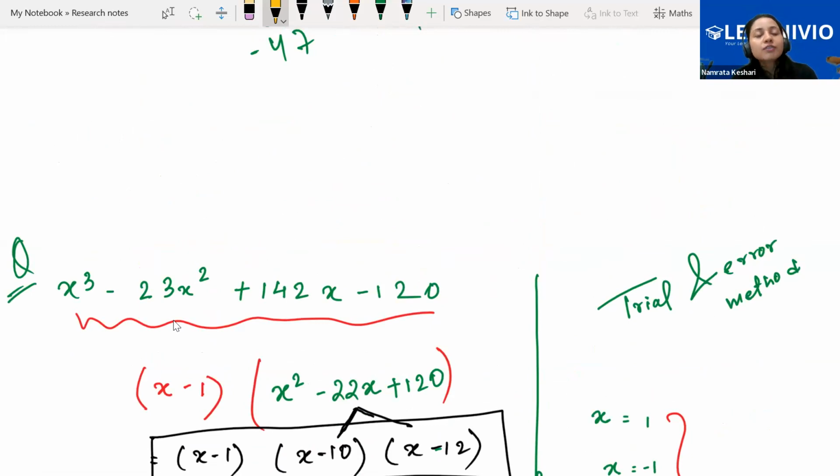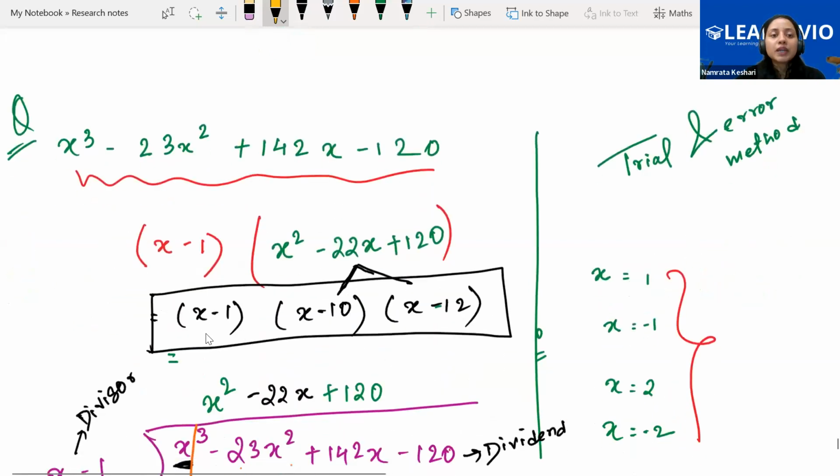Then check whether that other factor can also be factorized. If that is possible, go ahead and factorize it also. You will get the answer like this: x minus 1 in one bracket, x minus 10 in another bracket, x minus 12. This is the final answer. This is the factorized form. Clear?